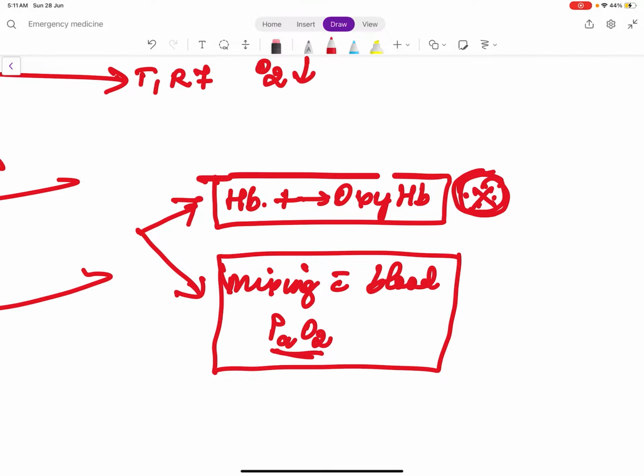Oxyhemoglobin is not measured directly. It is measured by a value called saturation. You know very well, hemoglobin has 4 heme arms, which can bind 4 molecules of oxygen.